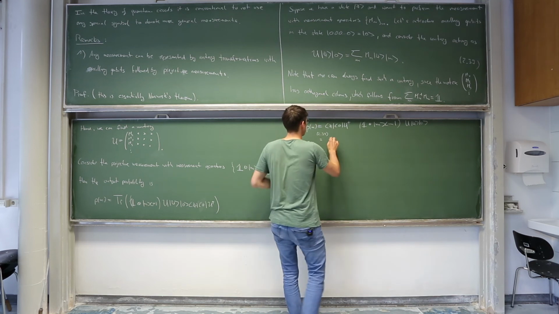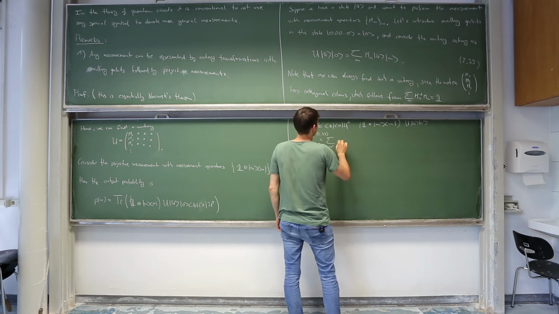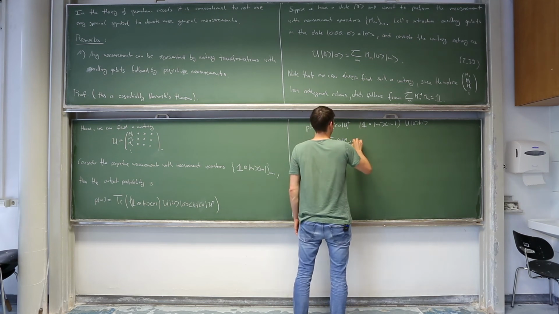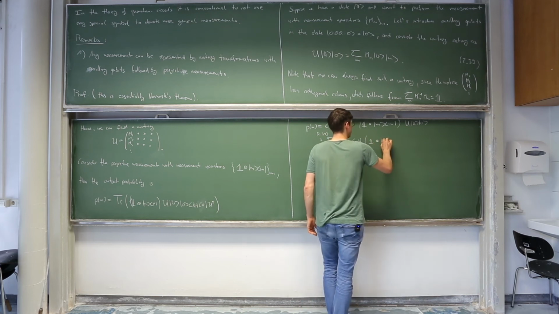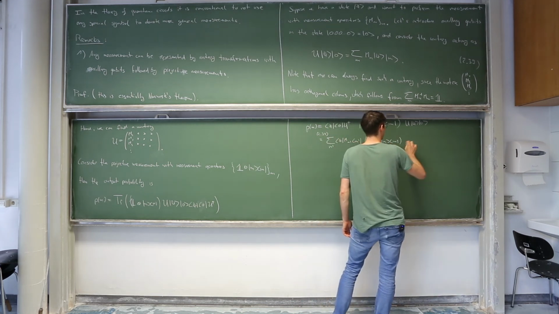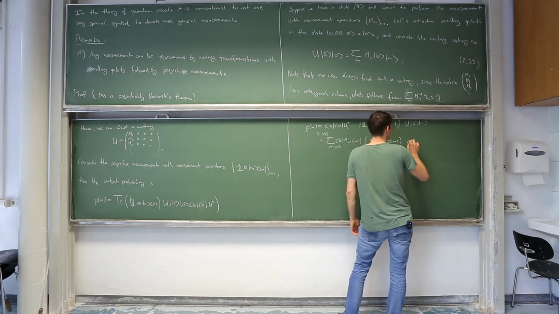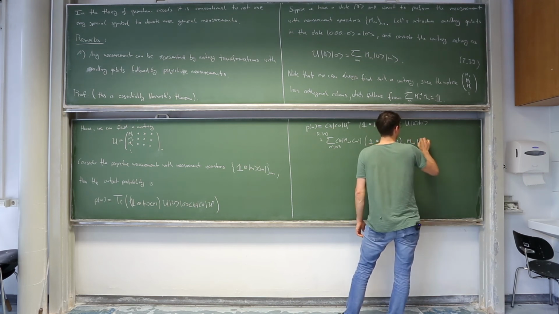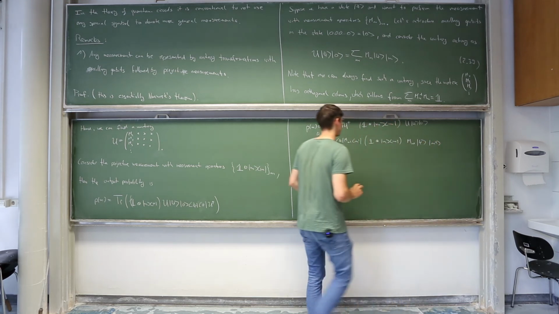This gives us a sum over M prime of psi M prime M prime, and then this projector, and here we have again a sum over M prime prime, which is the measurement operator M prime prime on psi, and then M prime prime.